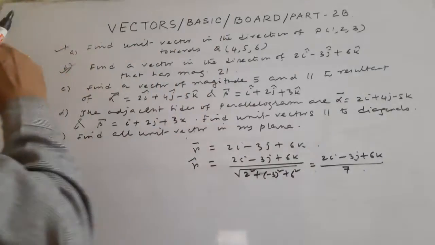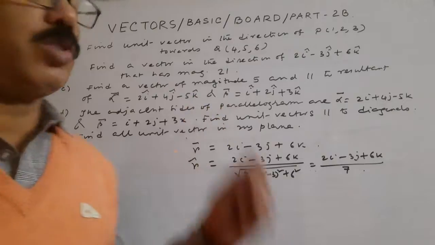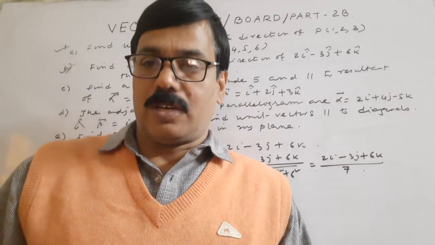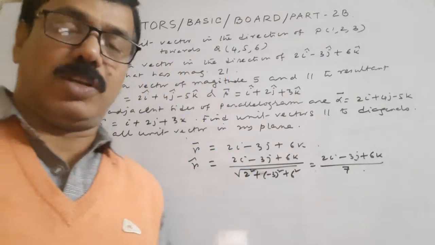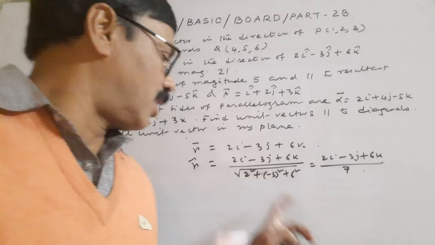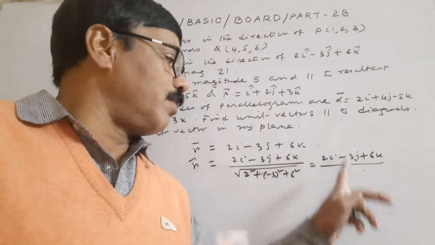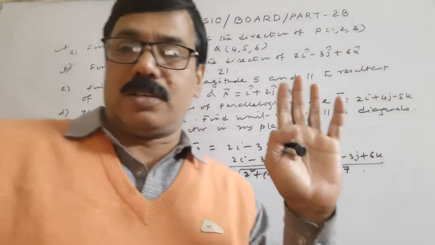Listen. We have to find a vector of magnitude 21. So, we first find the unit vector, then the required vector is 21 into the unit vector, because it has magnitude 1. So our main aim is to find a vector of magnitude 21.